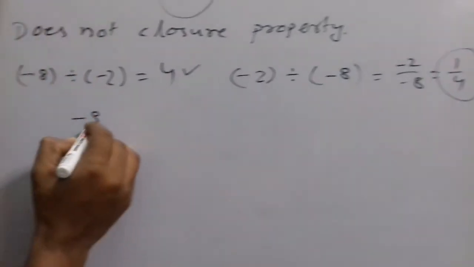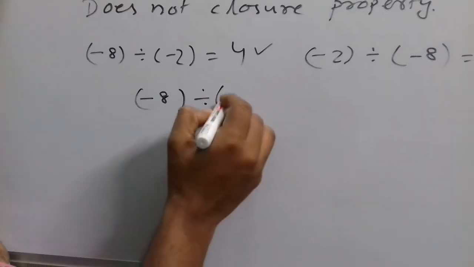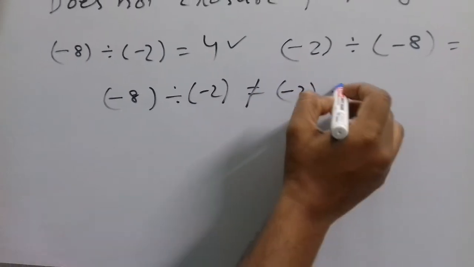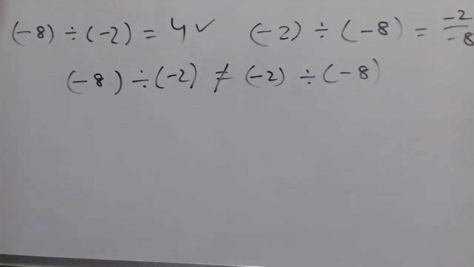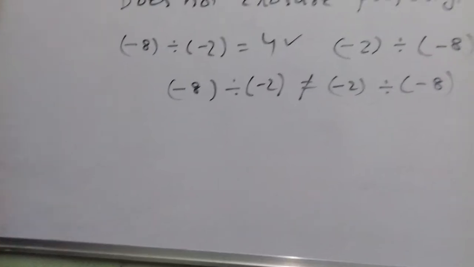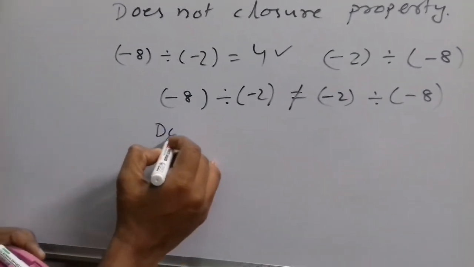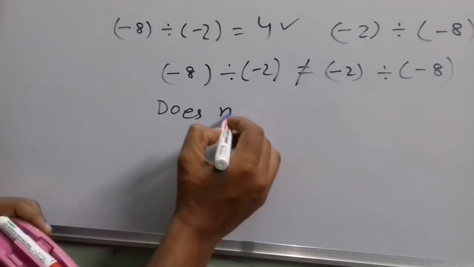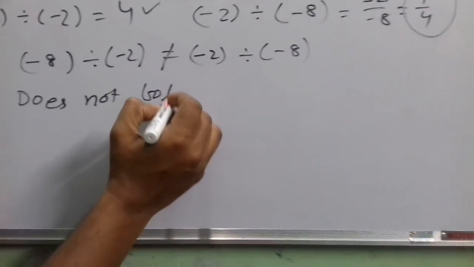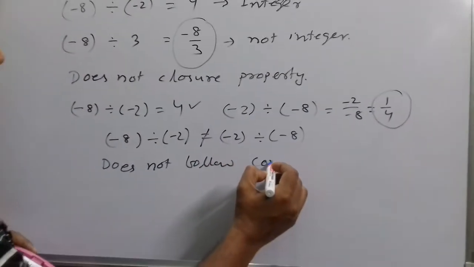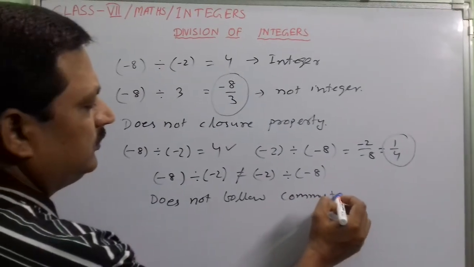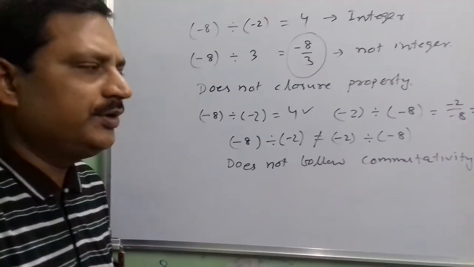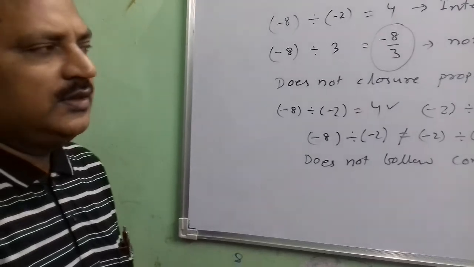That means minus 8 divided by minus 2 is not equal to minus 2 divided by minus 8. So they are not the same. That means division of integers does not follow commutativity. Okay. So it does not satisfy the property of commutativity.